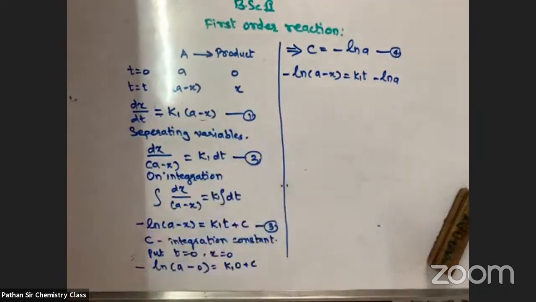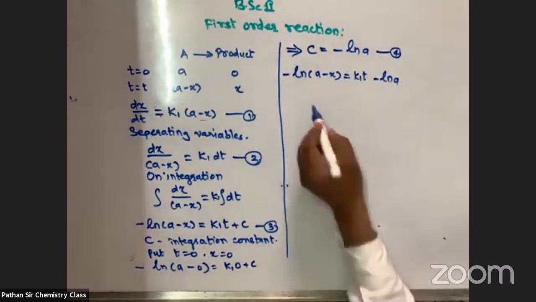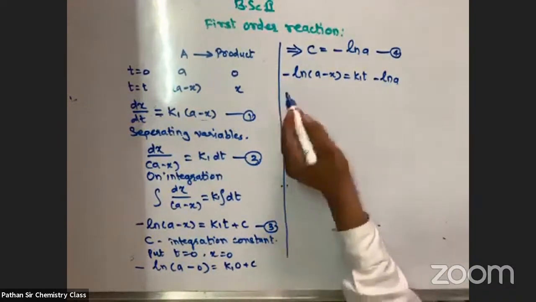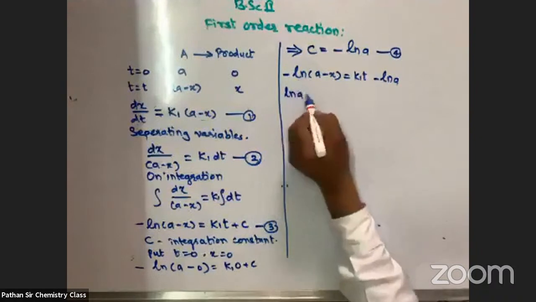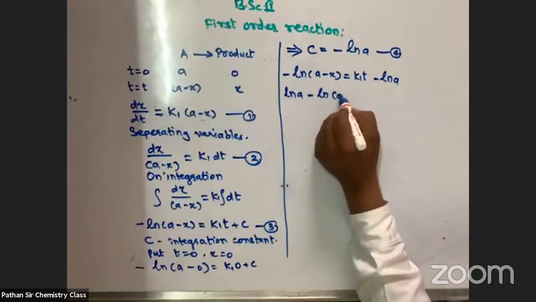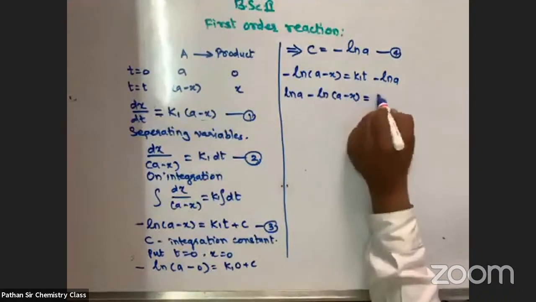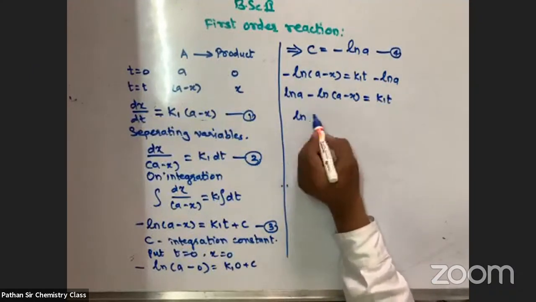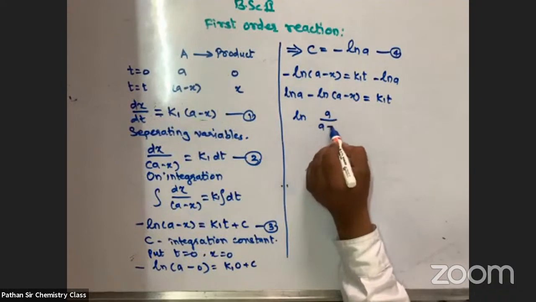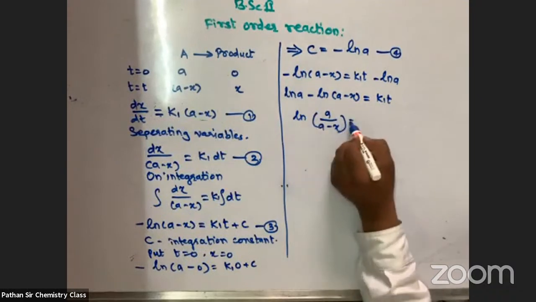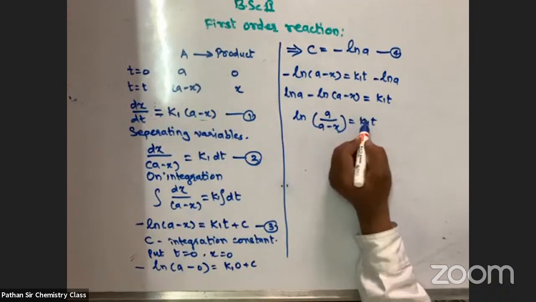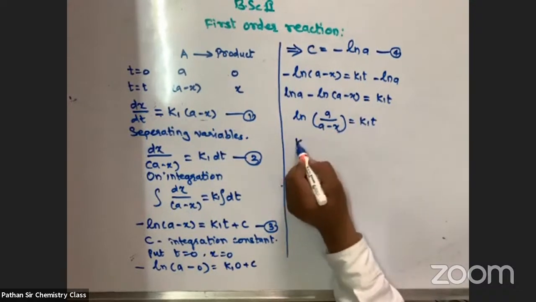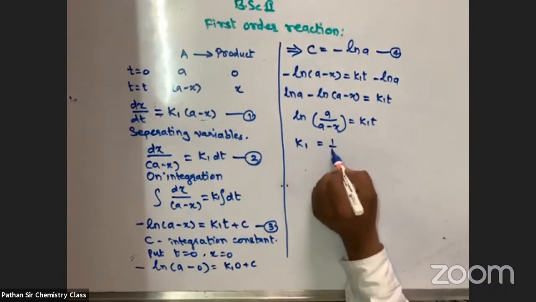It is not log to the base 10, but it is a natural log. Minus log of a goes to the other side, so it becomes plus. It is log of a minus log of a minus x is equals to k1t, or simply merge it: log of a divided by a minus x is equals to k1t, or k1 is equals to 1 upon t.